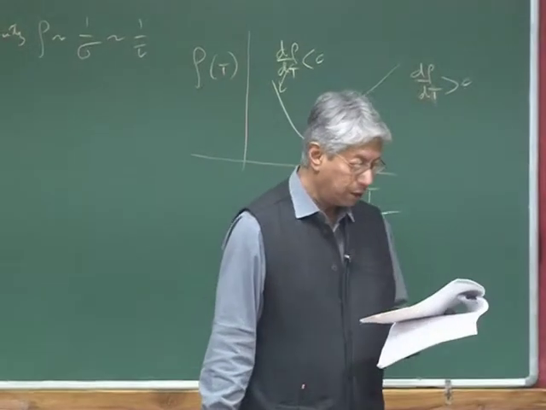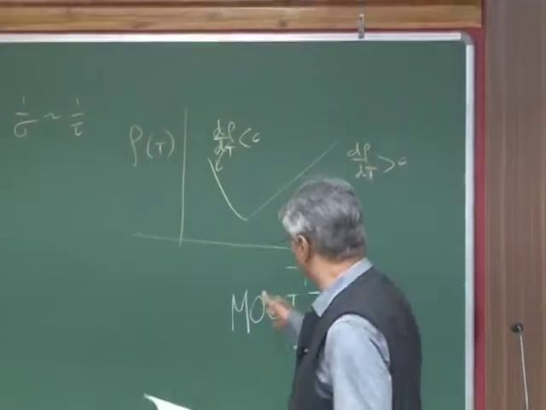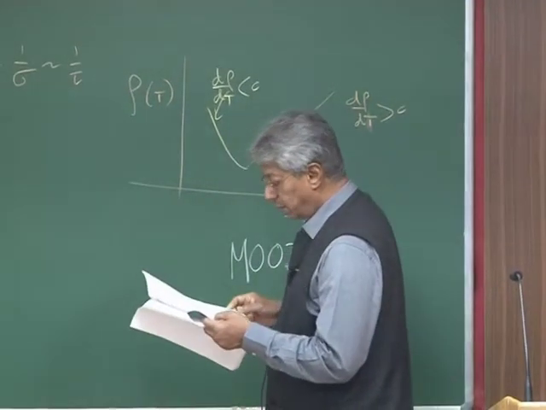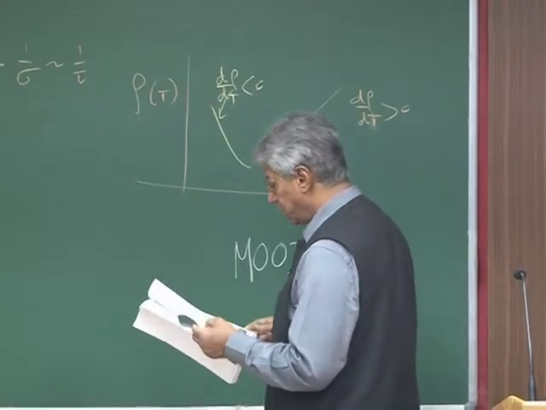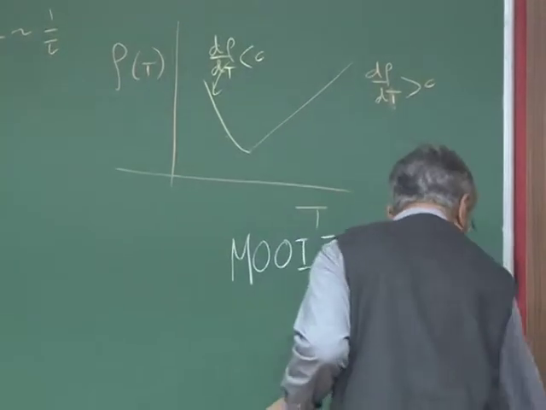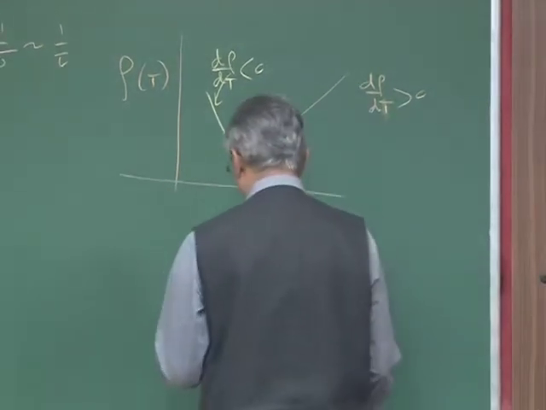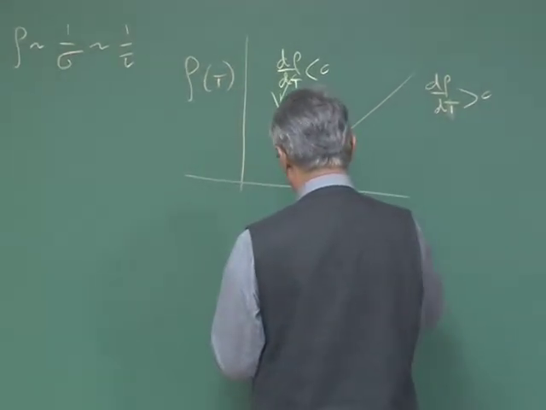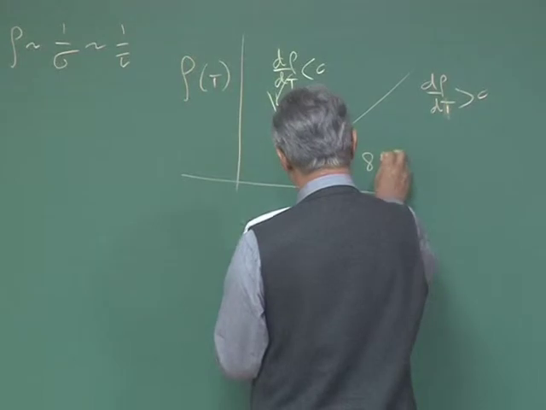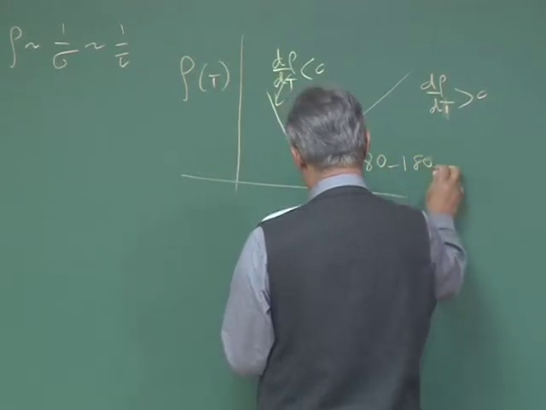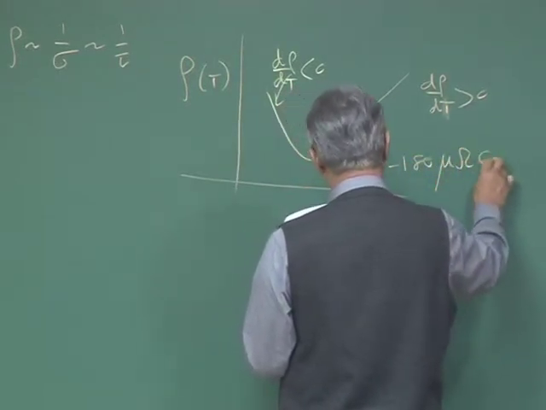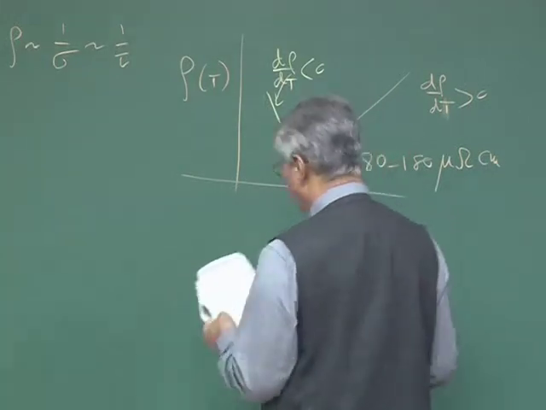found that d rho/dT becomes negative when rho becomes larger, in magnitude, than a value in the range around 80 to 180 micro ohm centimeter. So rho is the resistivity.